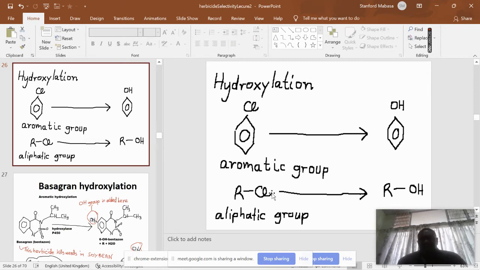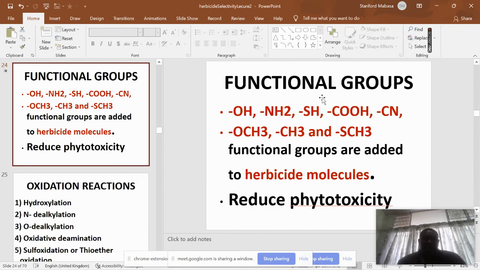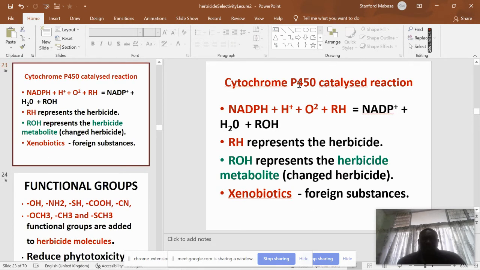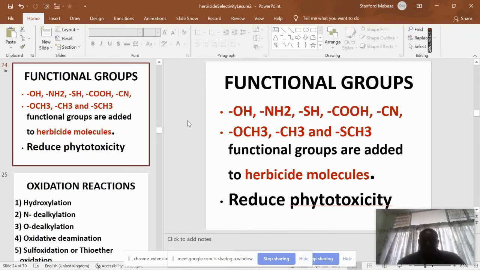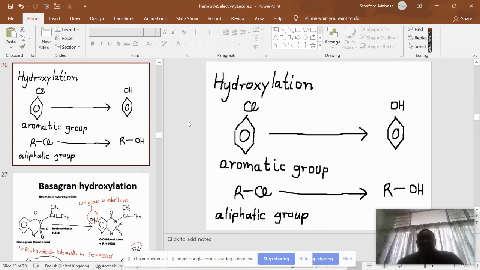It's the Cl which will trigger hydroxylation in the presence of cytochrome P450. And the hydroxylation is basically this reaction, and we have simplified it. What we get is the OH attached to the benzene ring, or the OH attached to R. Once we get this situation here, the herbicide ceases to be toxic.